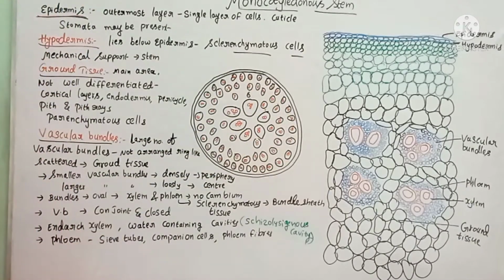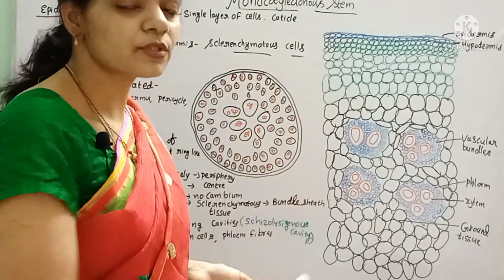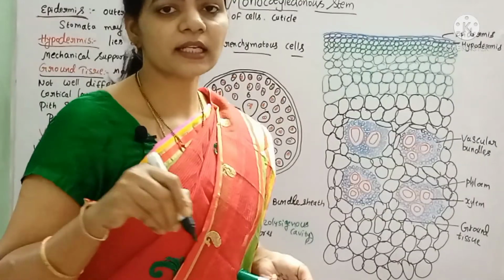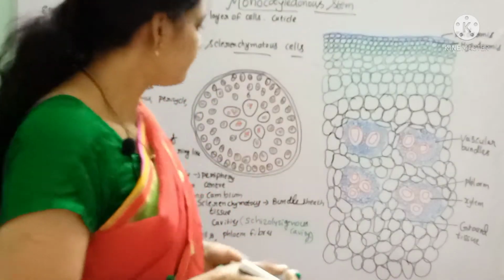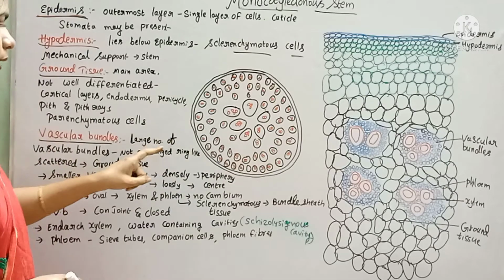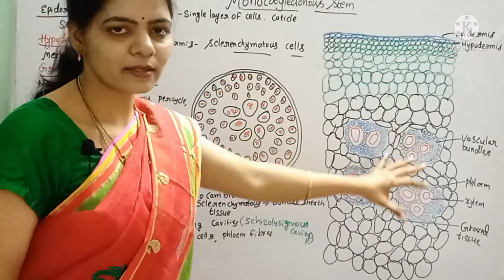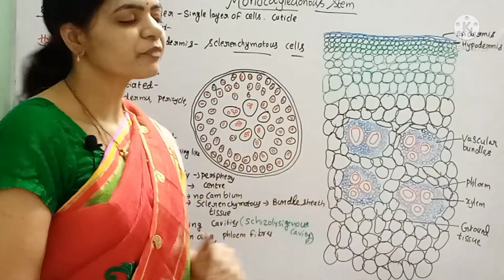As we studied in dicot stems, the vascular bundles are arranged in a ring-like structure, but here that ring-like arrangement is not seen; instead the vascular bundles are just scattered within the ground tissue.